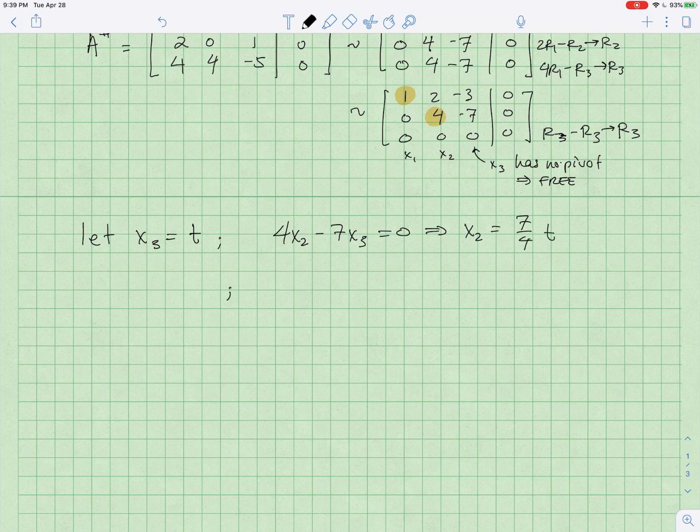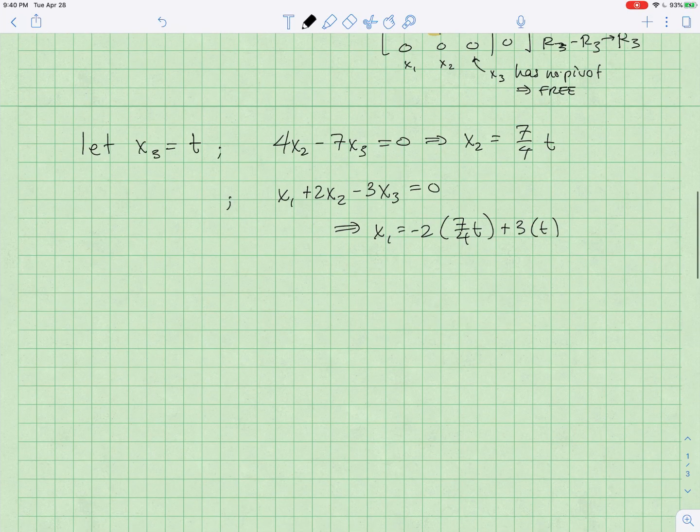And then from row 1, I know x1 plus 2x2 minus 3x3 is equal to 0, or x1 is negative 2 times 7/4 t plus 3 times t. And that turns out to be negative 7/2 t plus 3t, which is negative 1/2 t.